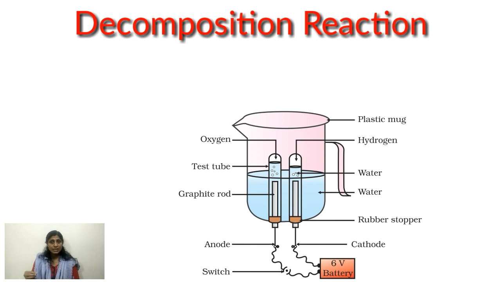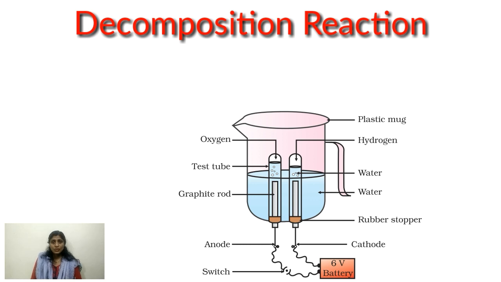When a burning candle is taken near the mouth of the other test tube, which has the positive electrode, the candle burns brightly. As we know that oxygen helps in burning other substances, the gas collected in that test tube is oxygen.